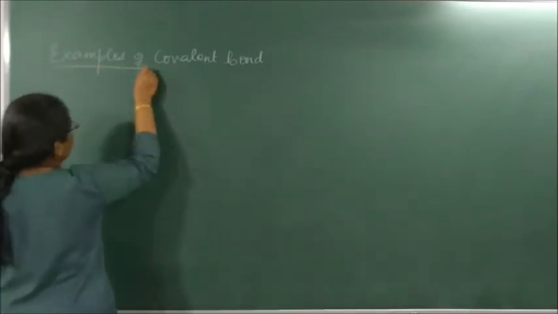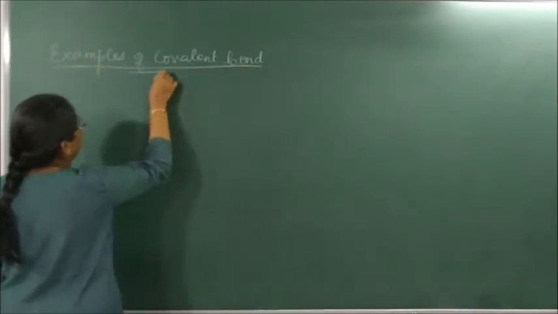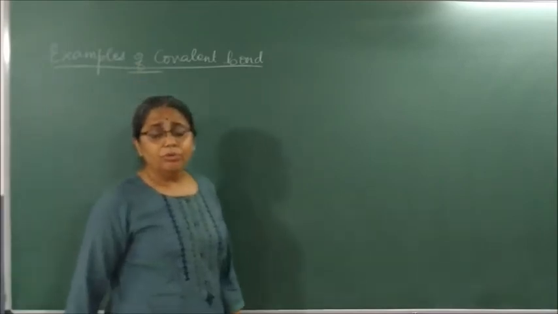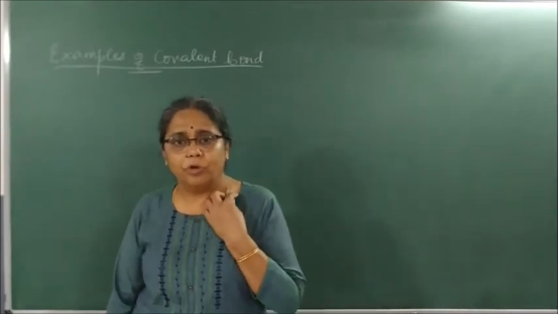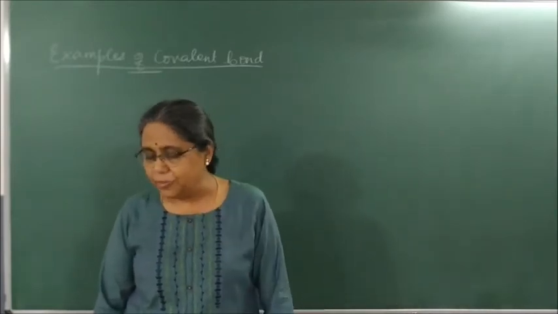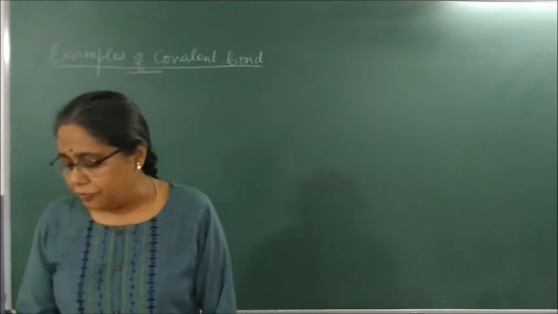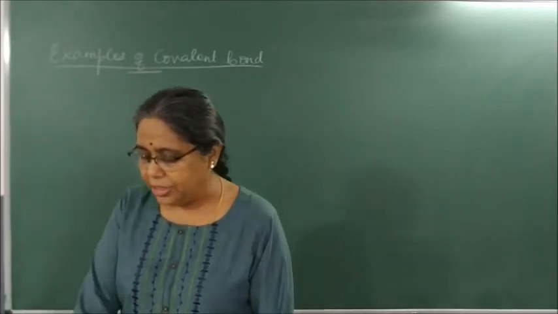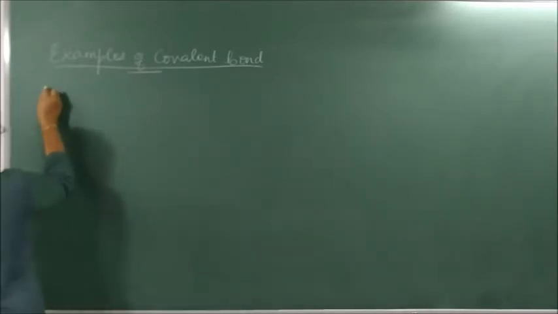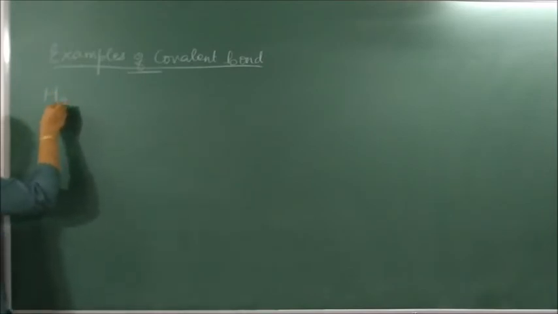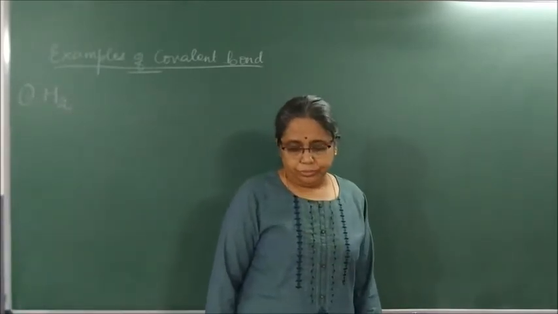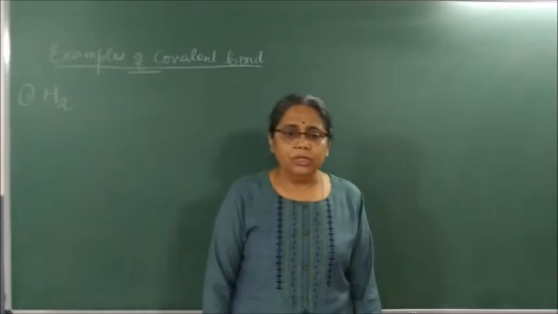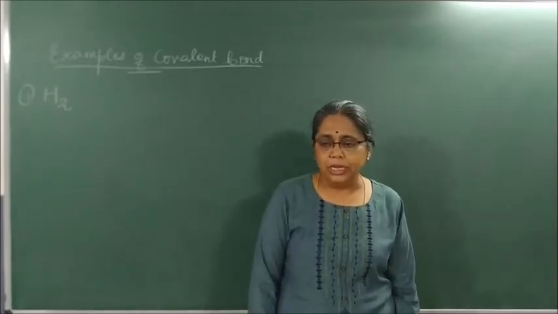These are the examples of covalent bond which we will study. I'll make you do a lot of examples of covalent bond, but whatever is given in the textbook, first we will solve that. So the first example of covalent bond is hydrogen, H2. Write: show bonding in H2.